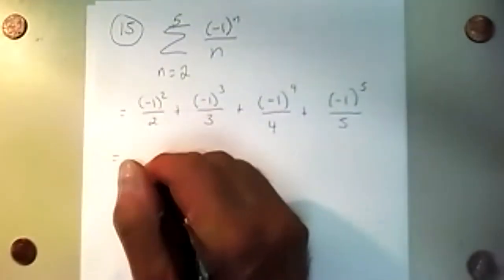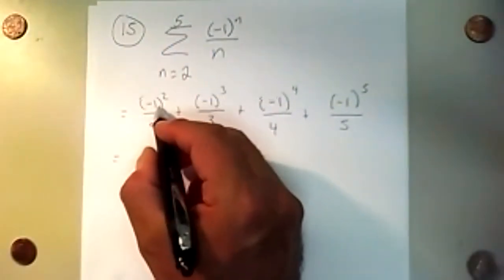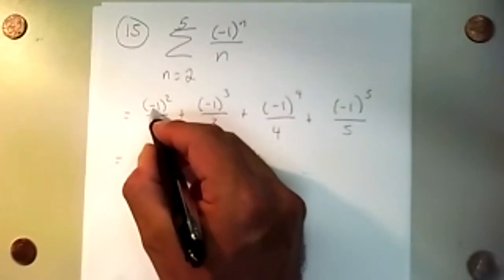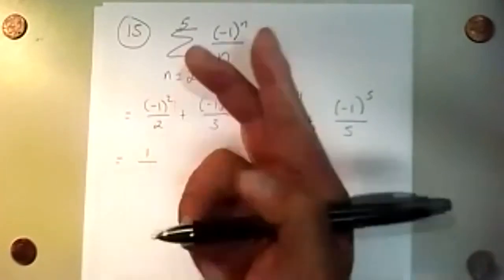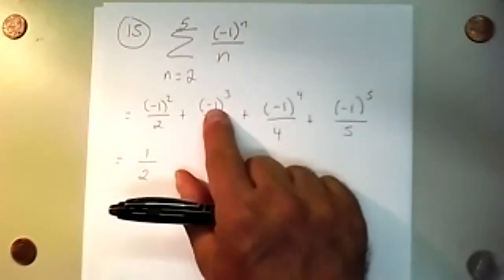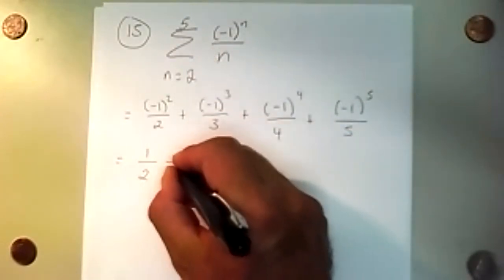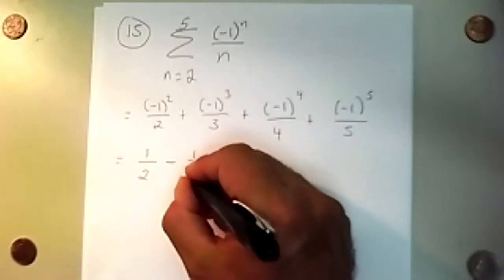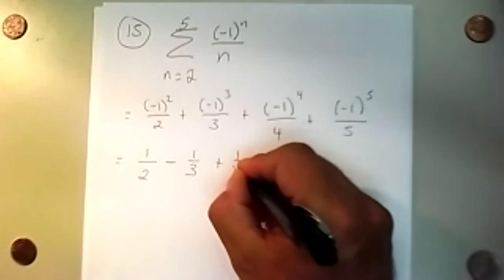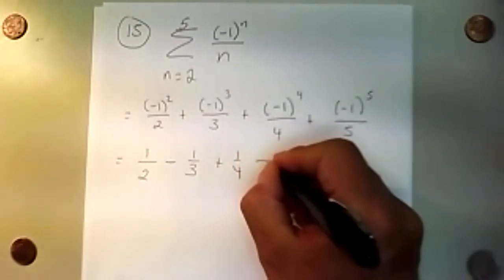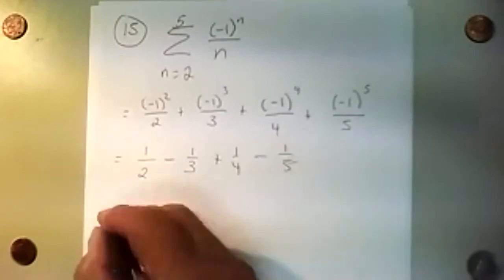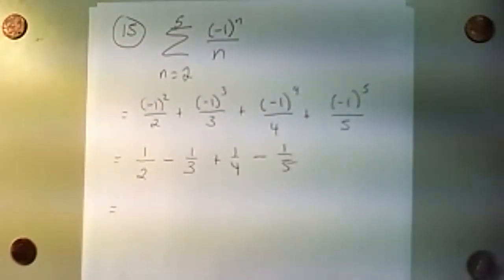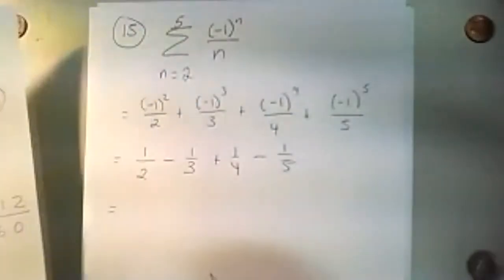So initially, it looks like we have, well, let's figure this out. Negative 1 squared is positive 1 because that is 2 negatives. Here we have 3 negatives. So we put down minus a third. 4 negatives, plus 1/4. 5 negatives, minus 1/5. So we end up with the same numbers, except that some of them are going to be added while other ones are going to be subtracted. I'm going to piggyback on the previous example where we already converted into common denominators.